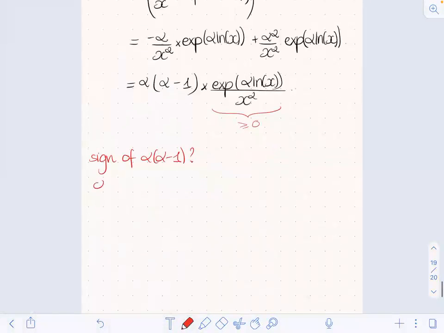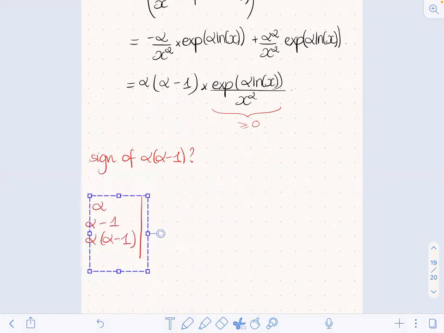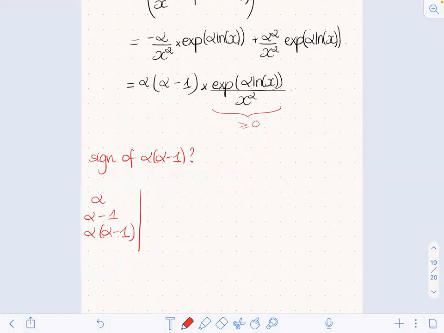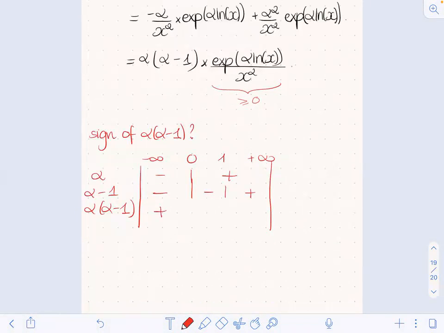So you can do a sign table if you want to find the sign. And there are other ways of doing it, but this one will work. So if we go from minus infinity to 0 to 1 to plus infinity, alpha will be negative and then positive. Alpha minus 1 will be negative, negative here and then positive. And so the resulting function will be positive, negative, positive.